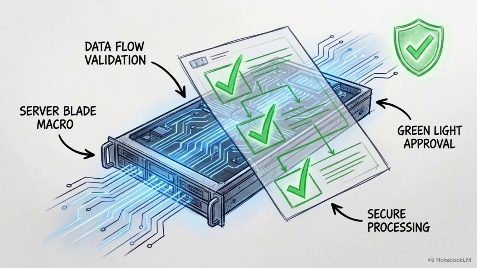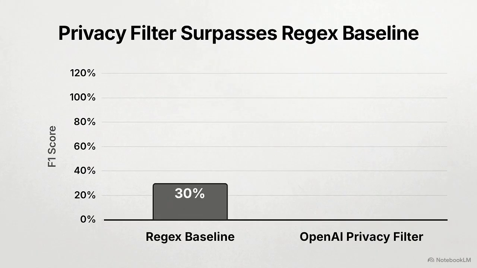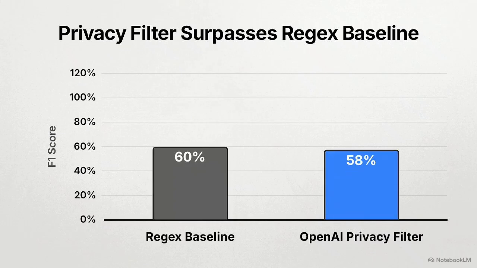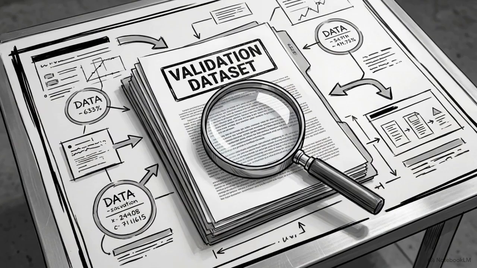The performance of the bidirectional architecture and sparse activation has been validated through empirical testing. This bar chart compares baseline systems against the model's performance. OpenAI Privacy Filter achieved a 97.43% F1 score. This score was validated against the corrected version of the PII masking 300K benchmark.